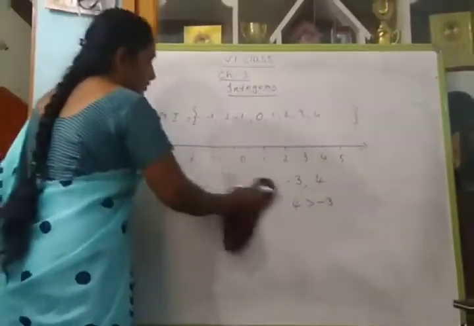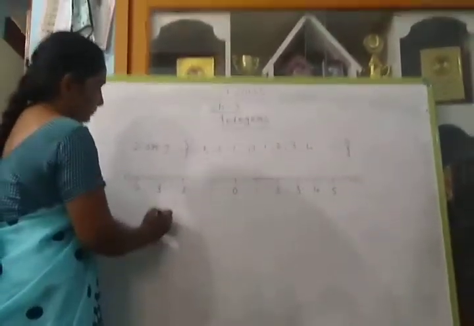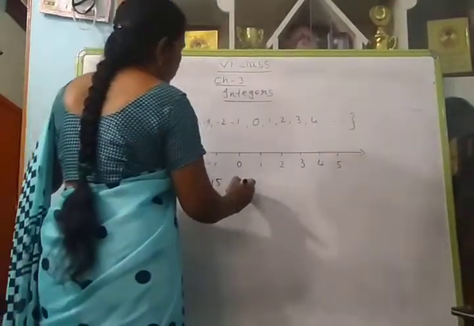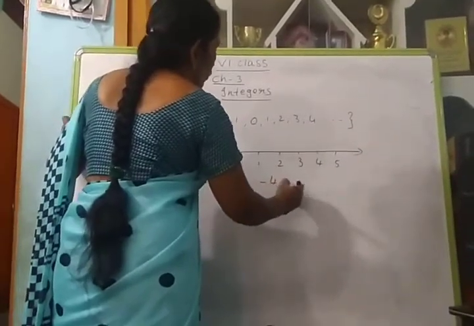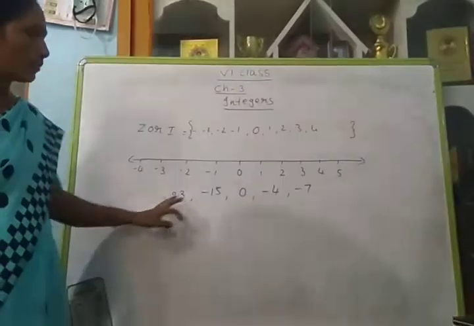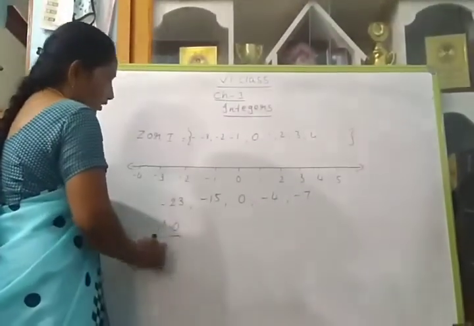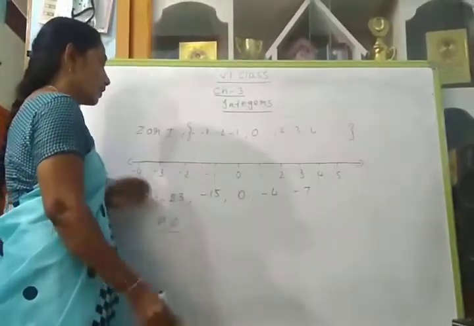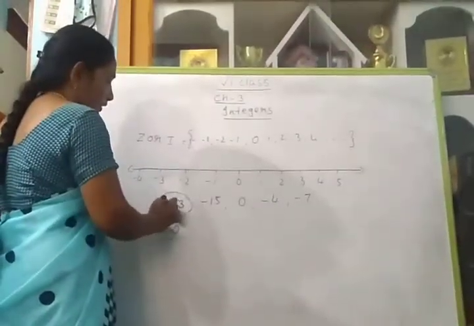Next, comparison of integers. One more example. Minus 23, minus 15, 0, minus 4, minus 7. Arrange these numbers in ascending order. Ascending order means smaller number to bigger number. Among these, which is the smallest? Minus 23.